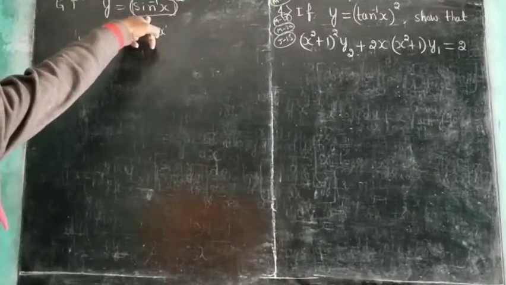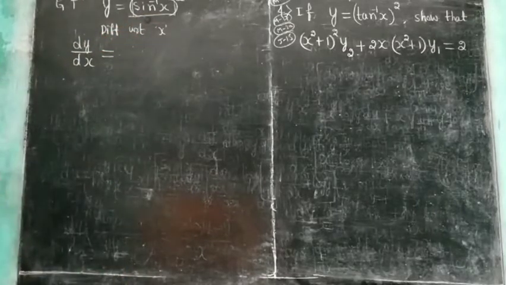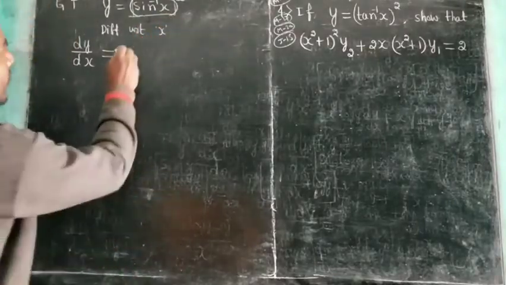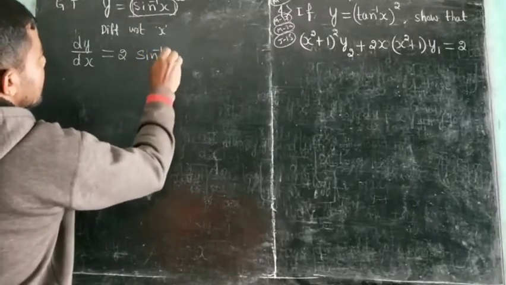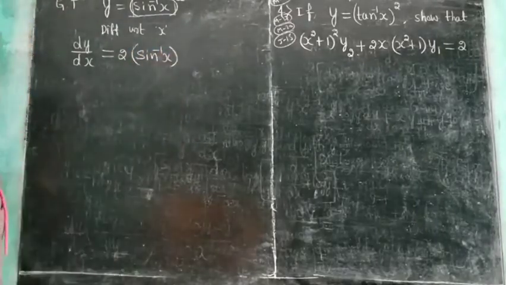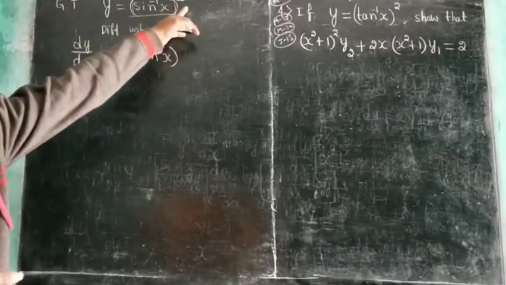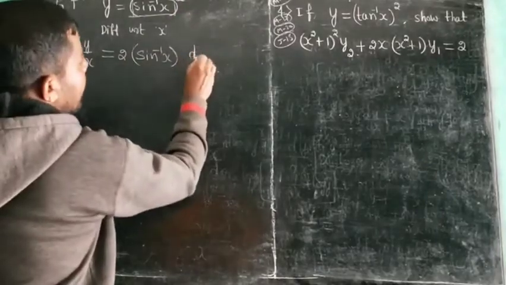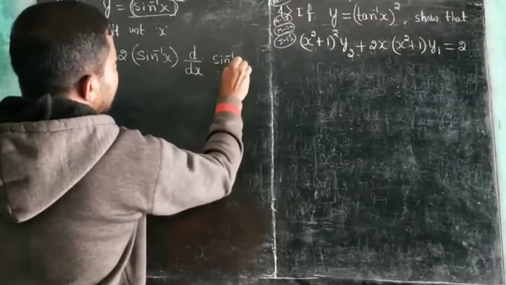It is of the form dabba power n. What is the derivative of dabba power n? The derivative of dabba power n is n into dabba power n minus 1. N minus 1 is nothing but 2 minus 1. 2 minus 1 becomes 1, into d divided by dx of dabba. Dabba is nothing but sin inverse x.